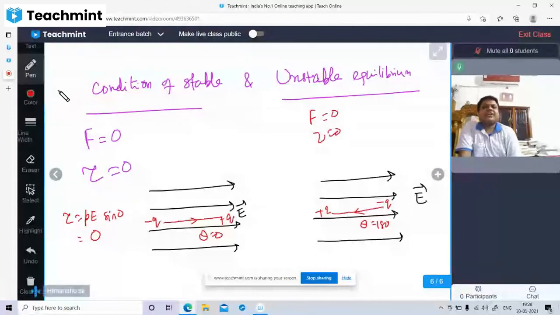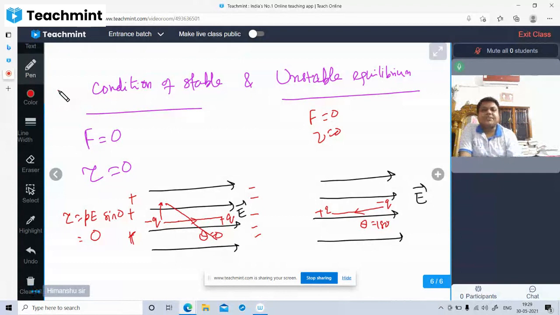So which is the case of stable, which is the case of unstable? For stable equilibrium or for unstable equilibrium, we have to apply a certain condition. We have to apply external torque. So I am putting in an external torque and moving it like this. So here it is plus, here it is minus, because electric field is initiated from plus and terminated at negative.